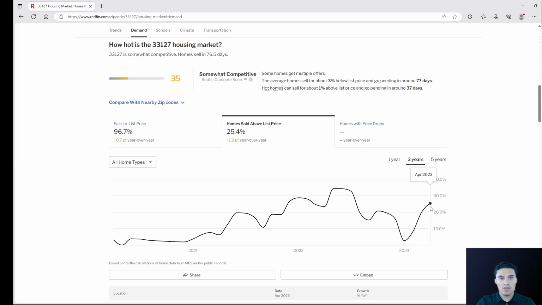Even though the interest rates from here to here are currently higher, you can still see that some of these homes are selling over the asking price. You can see here that these properties are selling over the asking price for the most part, which may be one of the reasons why it's taking 77 days on average for these properties to sell.